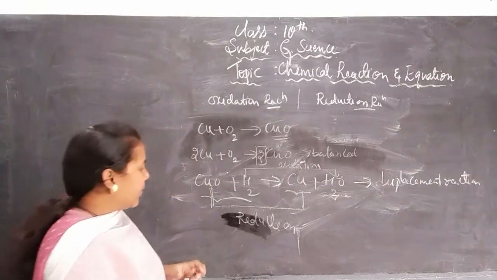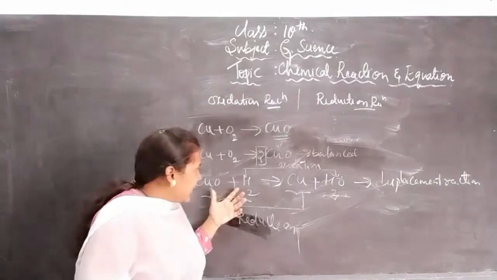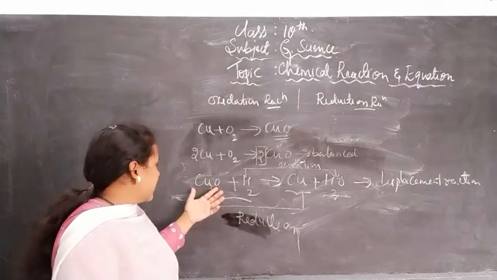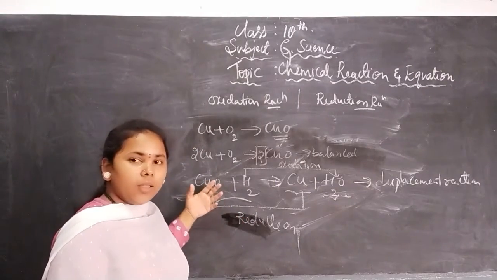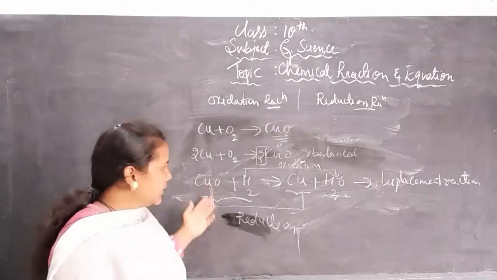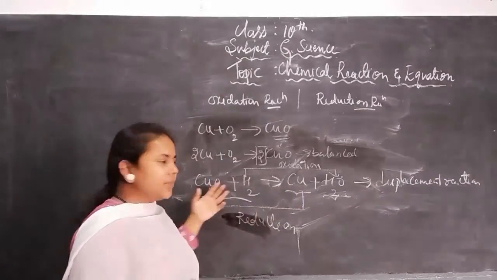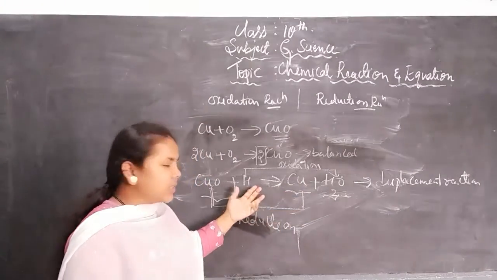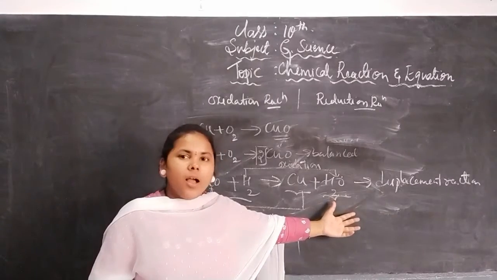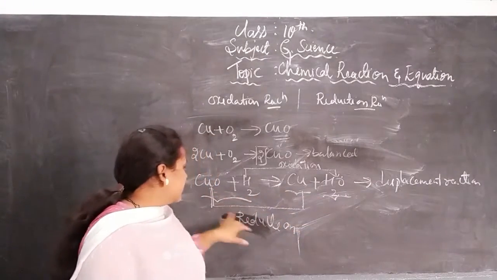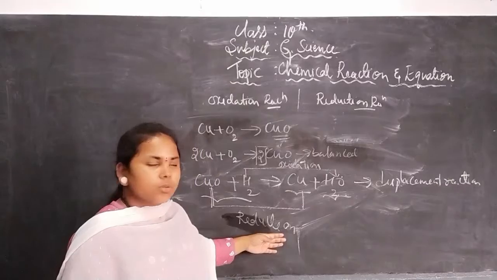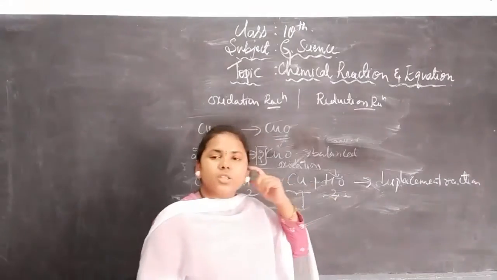Oxidation. Okay. Now you can understand where the oxidation takes place. Copper oxide loses oxygen, hence it becomes copper, and hydrogen becomes water by adding oxygen. Hence this is called the reduction reaction process and this is called the oxidation reaction.